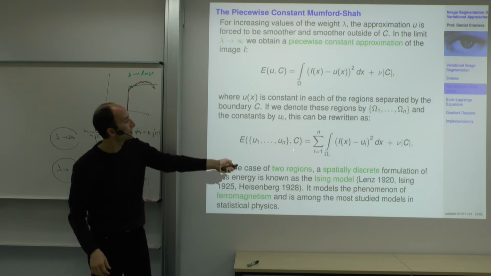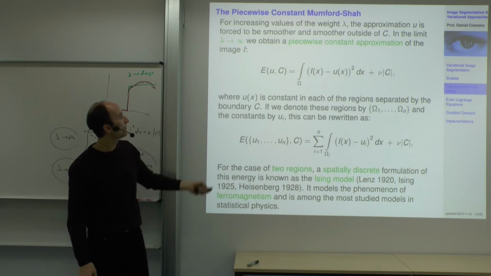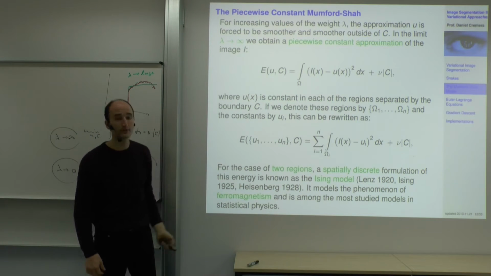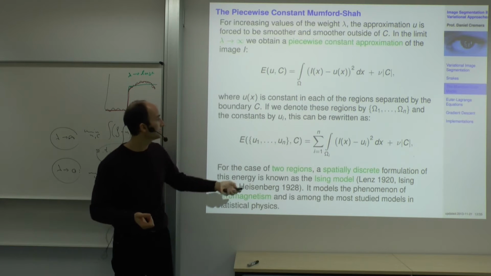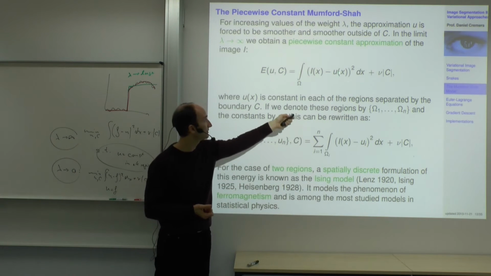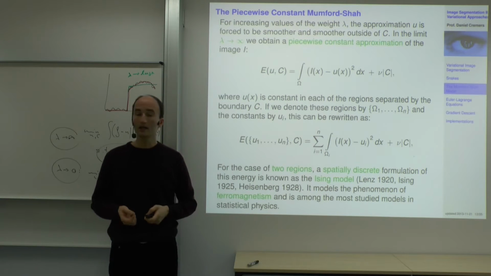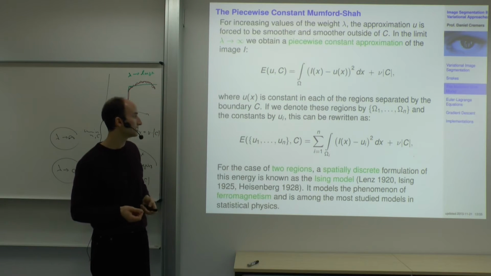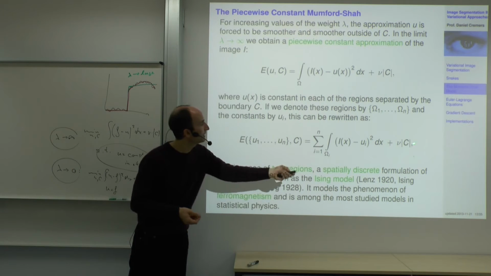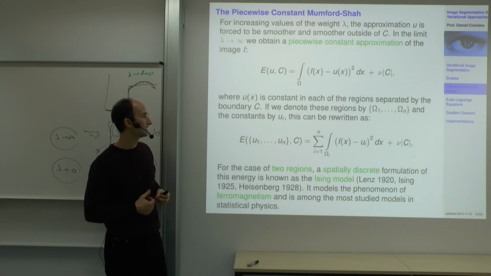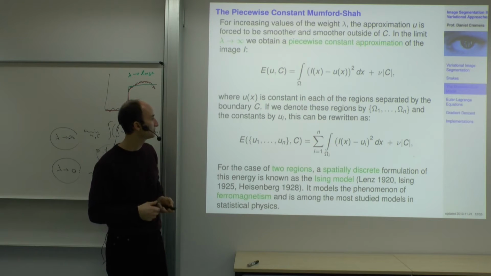And then you can rewrite it in this way. Once you know U is constant in each region, you can also rewrite it by writing wherever U appears, you write these constants. You call them Ui, the constants in the various regions. There are different notations for this approach.